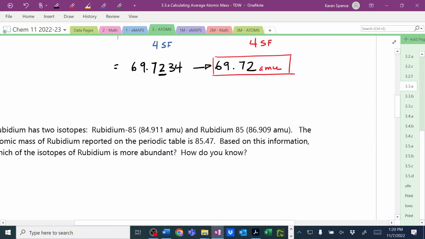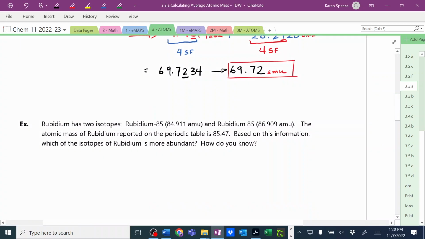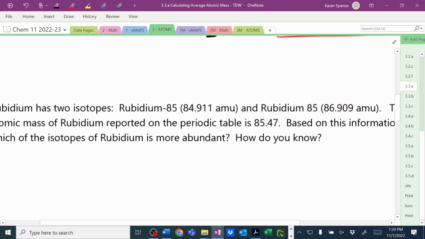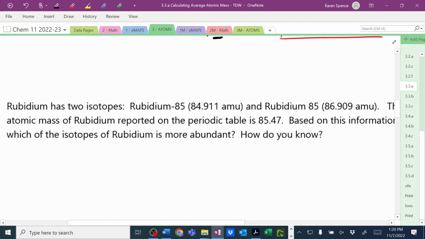Okay. All right. Rubidium, two isotopes. We have rubidium-85, which has a mass of 84.911 AMU. And oh my God, I've written rubidium 85 and rubidium 85. That one should be an 87. Okay.